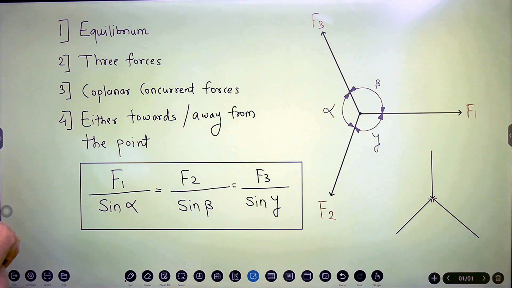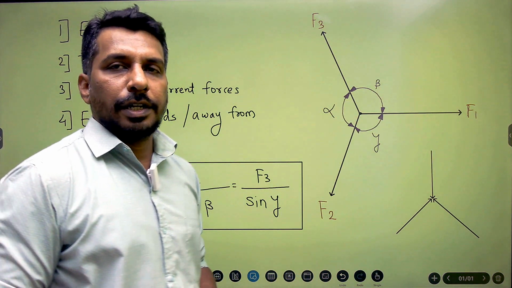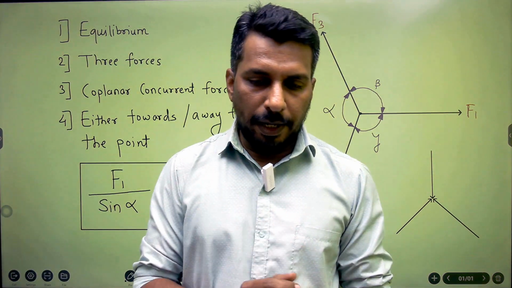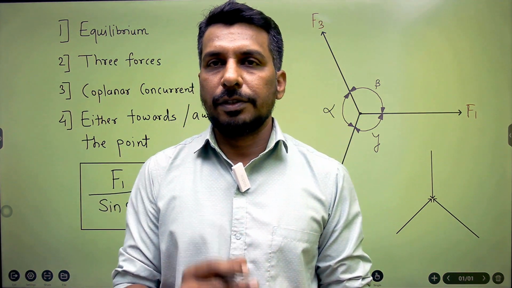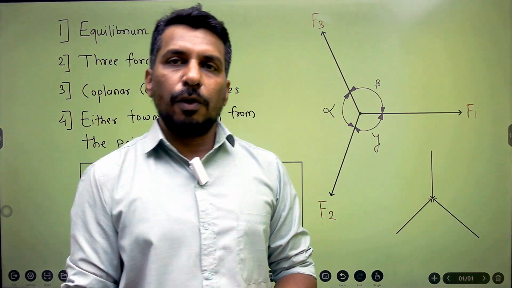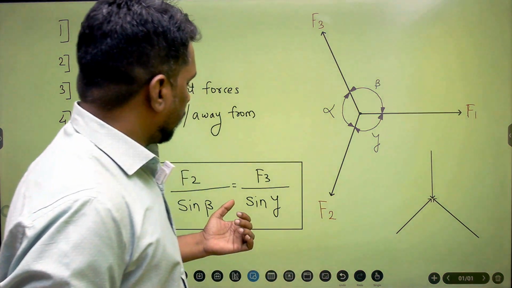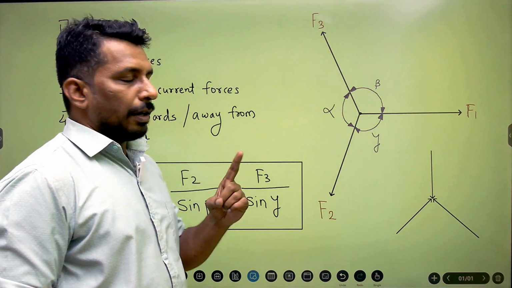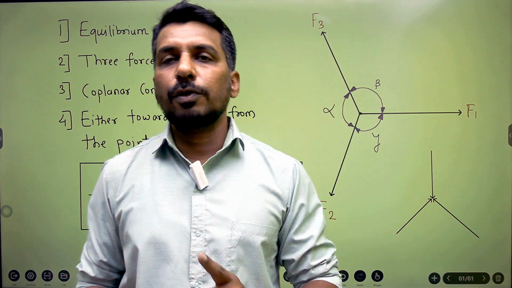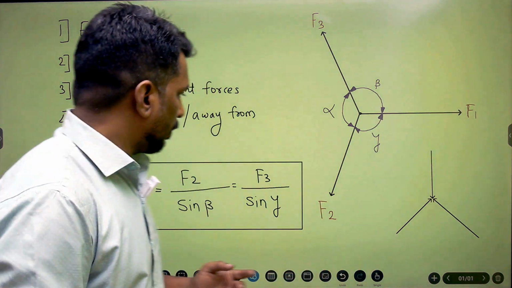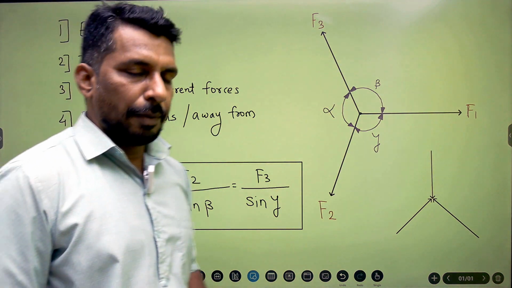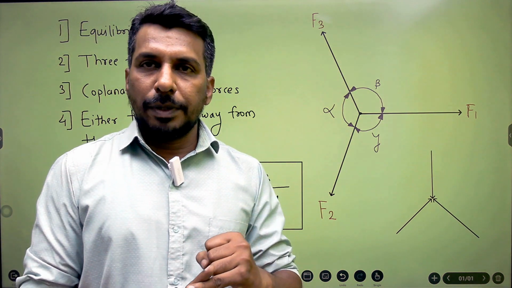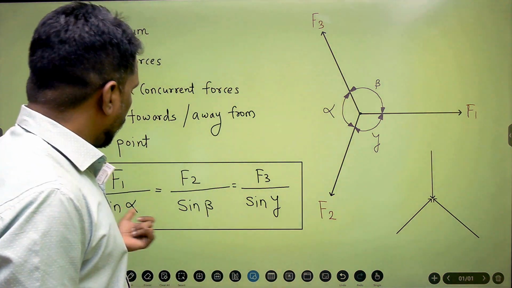One more thing I want to mention here: even after applying Lami's theorem, you have three forces and three angles, but in order to solve the problem you must have at least one force known, either F1, F2 or F3, and all angles must be known.